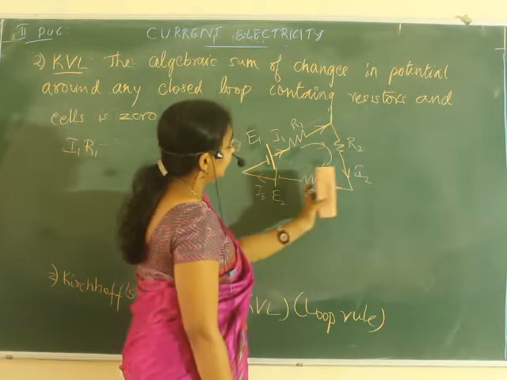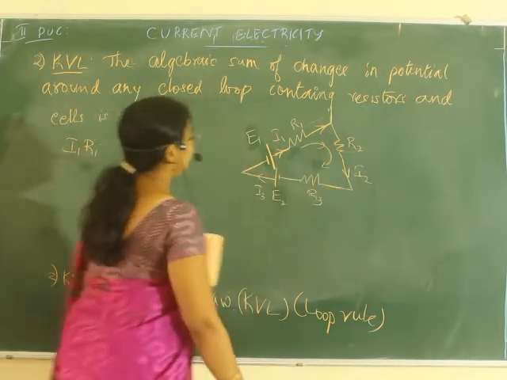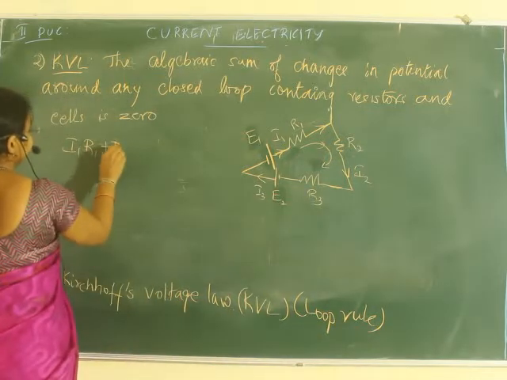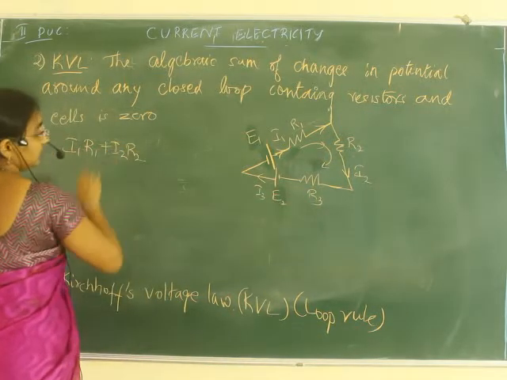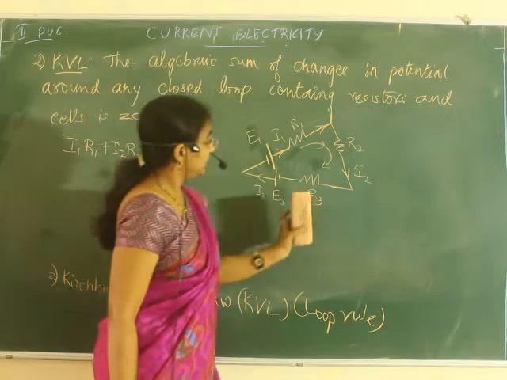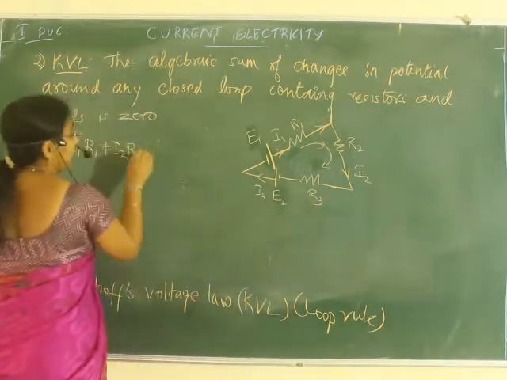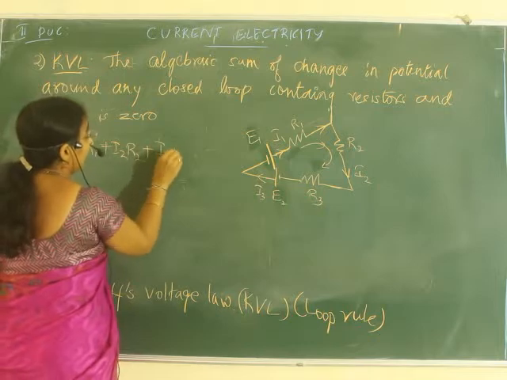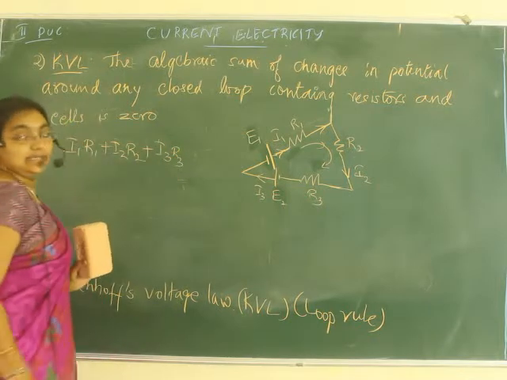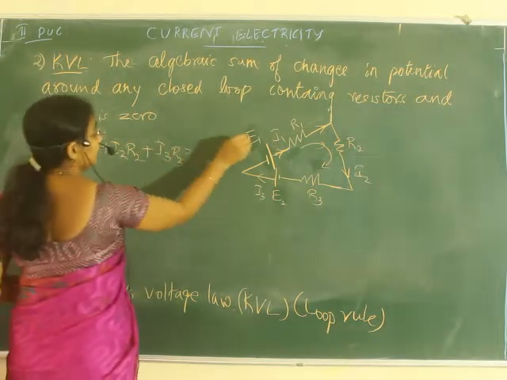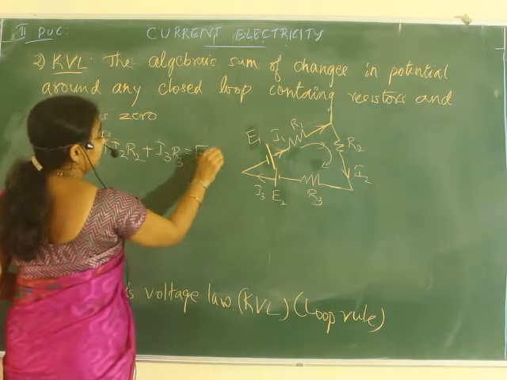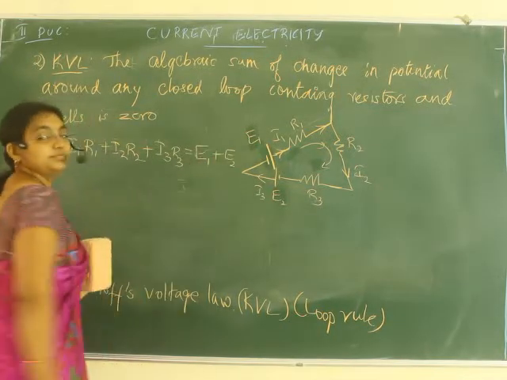Next, plus I2, R2. This one, plus same direction. I3, R3 is equal to, always write down, E1 plus E2.